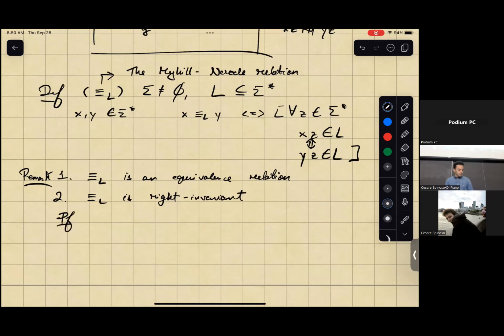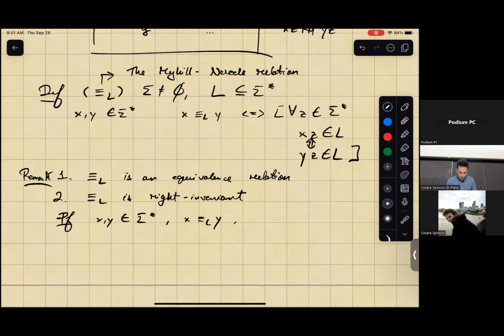The proof: suppose I have a pair of strings x, y in sigma star, and suppose that x is related to y via the Myhill-Nerode relation. Now, to show that this relation is right invariant, I need to stick some arbitrary string z to x and the same string z to y, and I need to show that xz and yz are also related via the Myhill-Nerode relation. Okay, that's what I need to do.